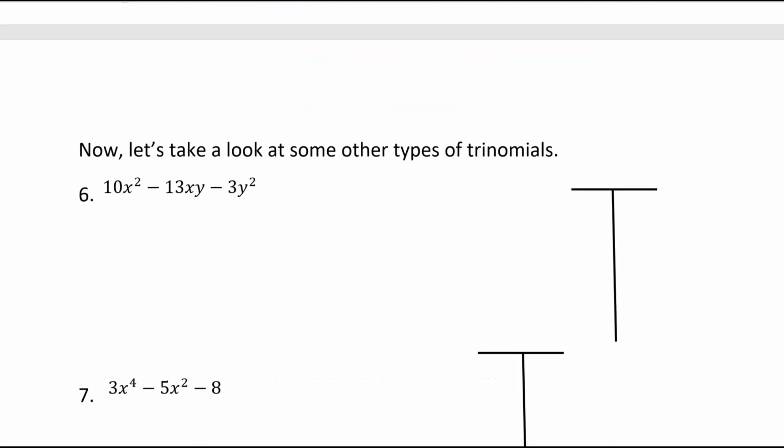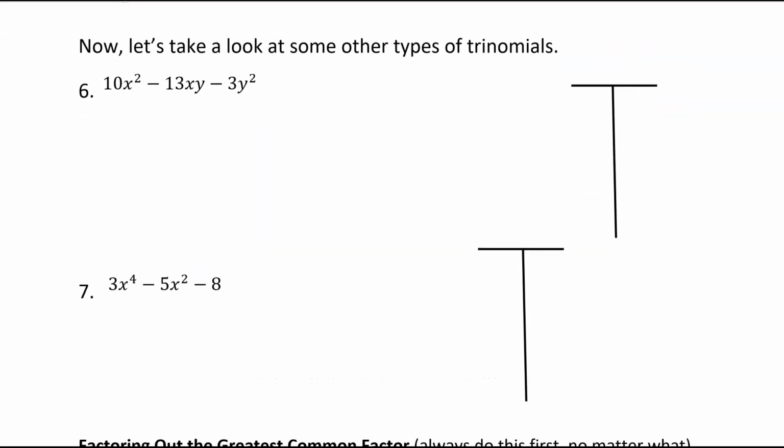Moving on to number 6, let's take a look at some other types of trinomials. 10x squared minus 13xy minus 3y squared. As you can see, we do not have a leading coefficient of 1. So we do have a trinomial because we have 3 terms. So let's try the AC method.